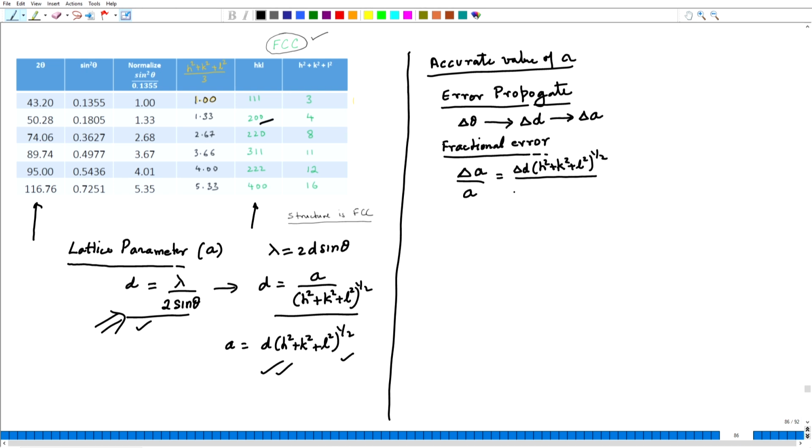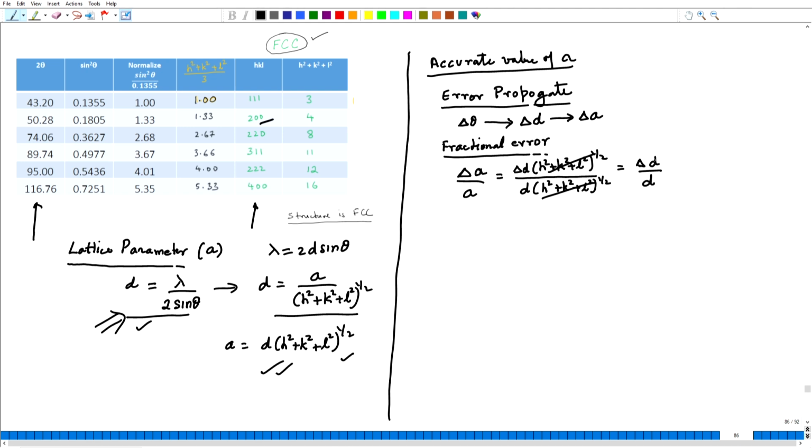This is divided by A, and A could be written as d times h square plus k square plus L square to power half. This is for a specific peak. Now, these terms will get cancelled, so what I get is delta d upon d.